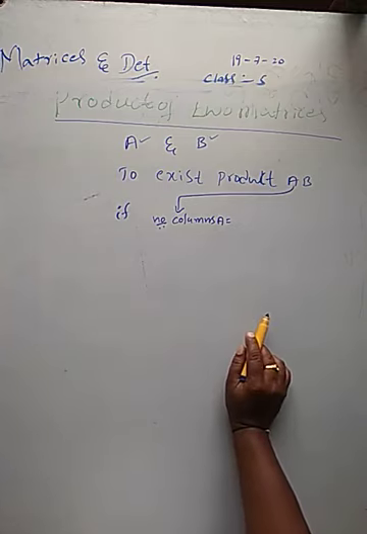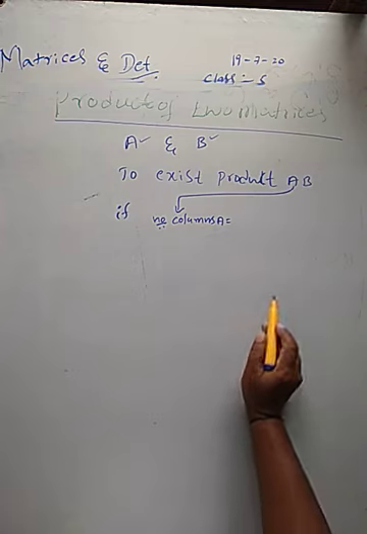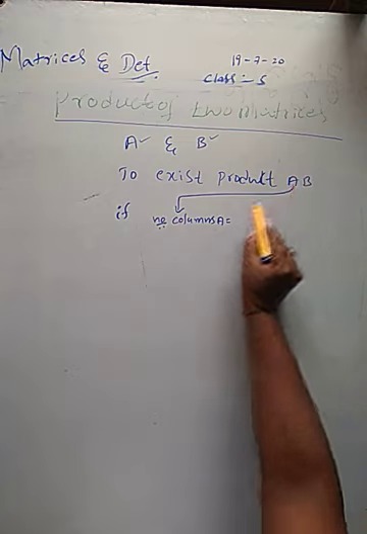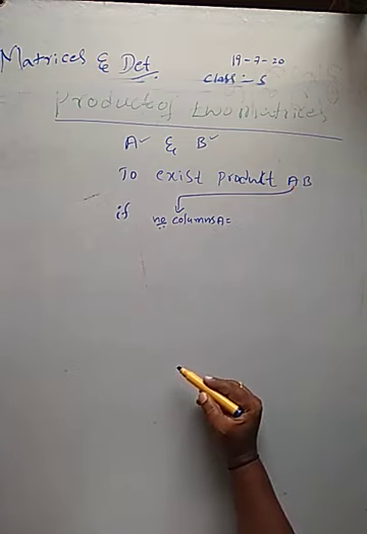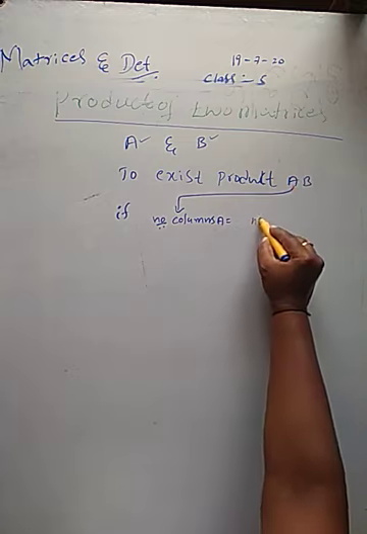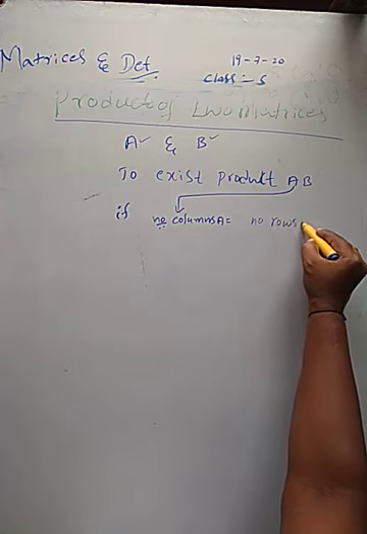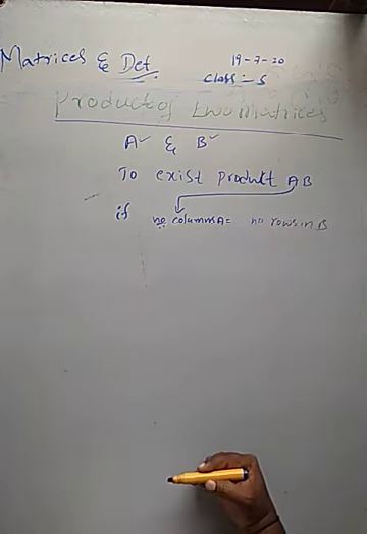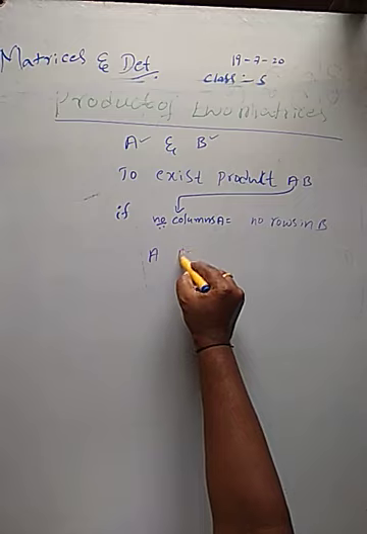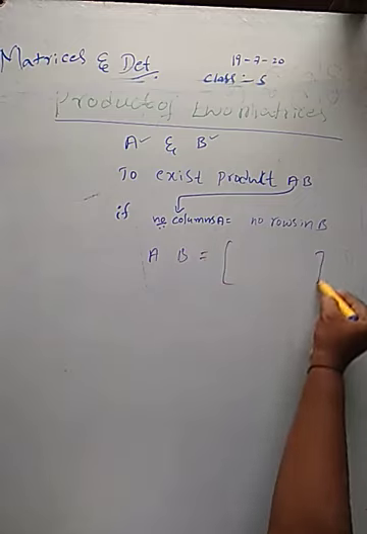First we have to confirm the existence of AB. What is that? Number of columns in A equals number of rows in B. Then product AB exists.